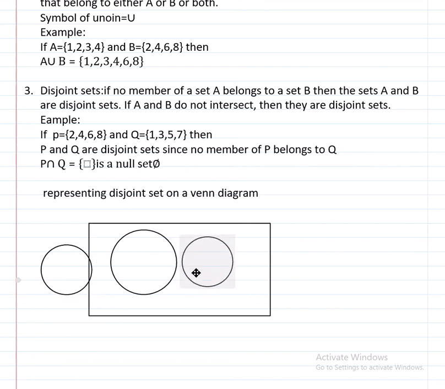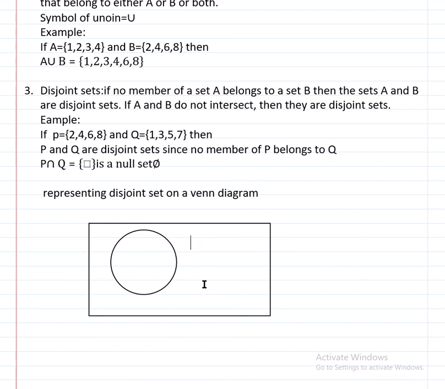Okay. There's no intersection, so we say that this is A. So they don't intersect.